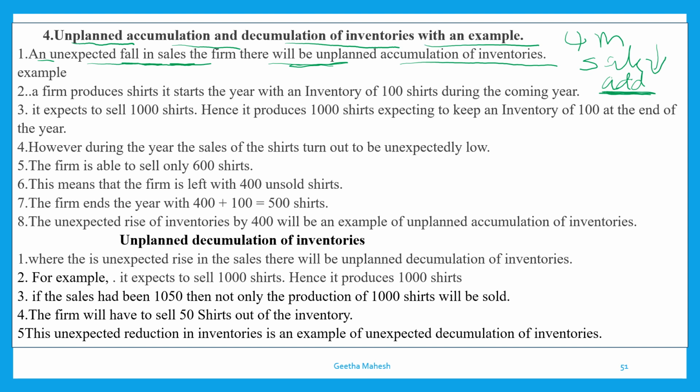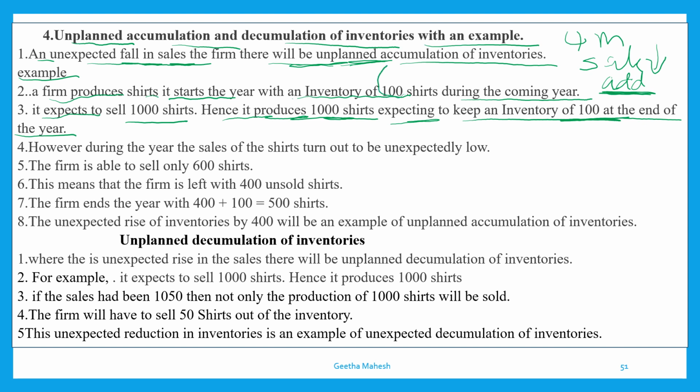So we call it unplanned because it was not expected. Example, a firm produces shirts. It starts the year with an inventory of 100 shirts. During the coming year it expects to sell 1000 shirts. Hence, it produces 1000 shirts, expecting to keep an inventory of 100 at the end of the year.